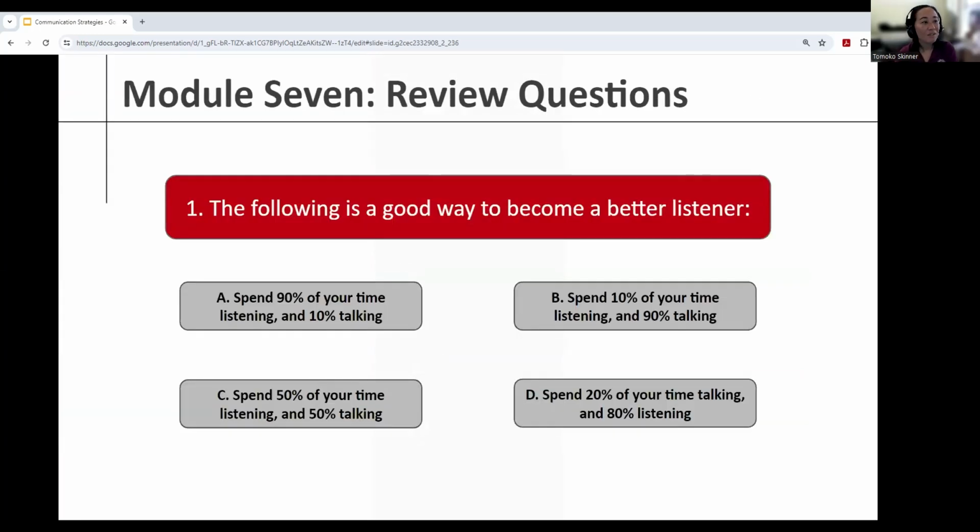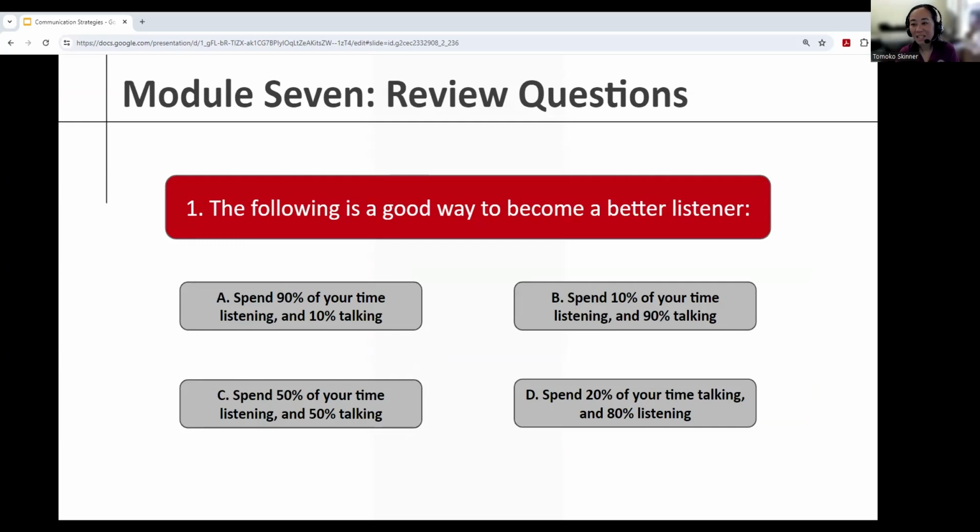Review questions. Number one, the following is a good way to become a better listener. A, spend 90% of your time listening and 10% talking. B, spend 10% of your time listening and 90% talking. C, spend 50% of your time listening and 50% talking. D, 20% talking, 80% listening.